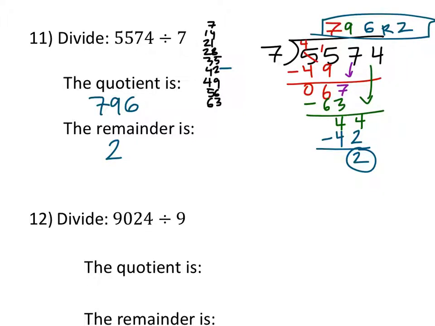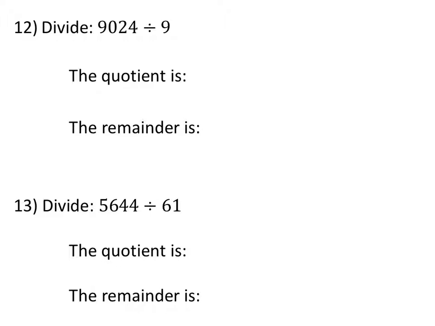So here we go on this one. So I got 9,024 divided by the 9. And again, it may be helpful to see this with the multiples of 9, right?